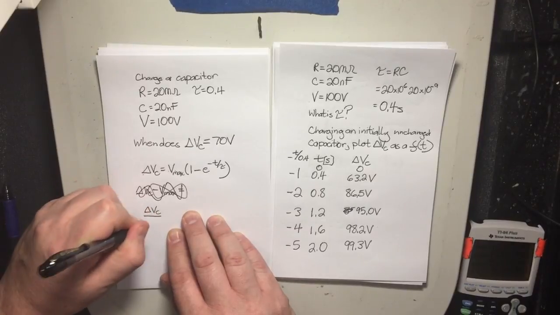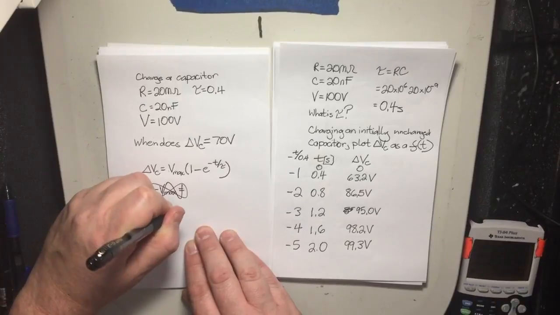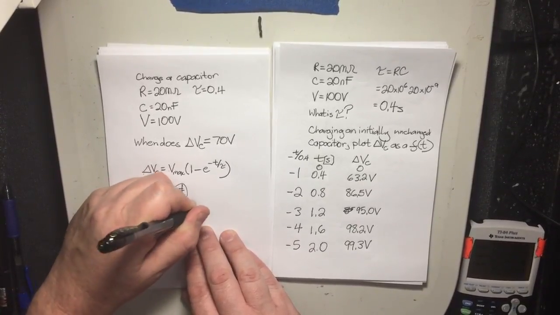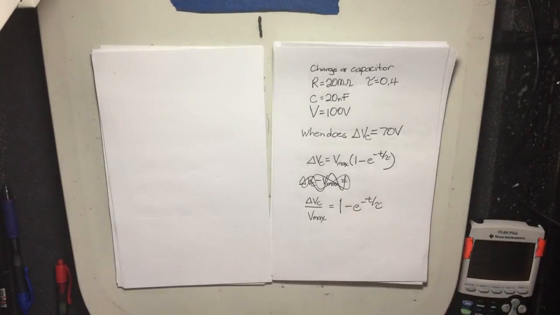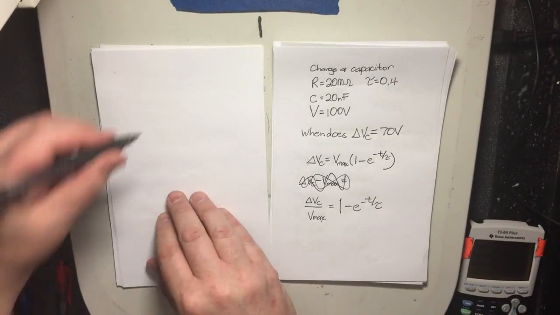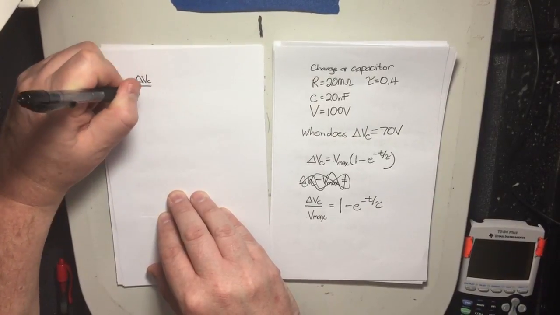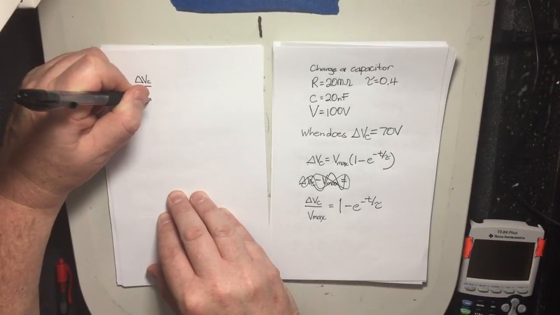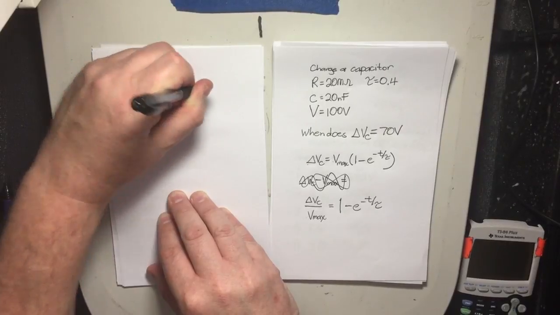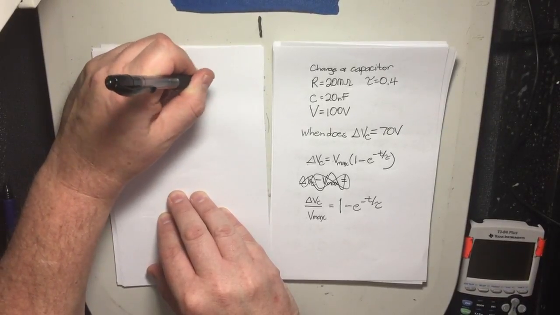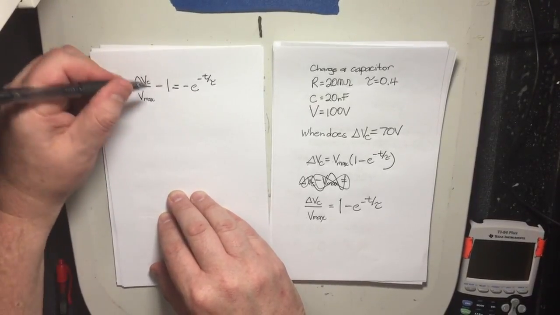Delta VC divided by Vmax. So the first thing you do is you divide, then you subtract the 1. To clean stuff up, we multiply everything by -1.